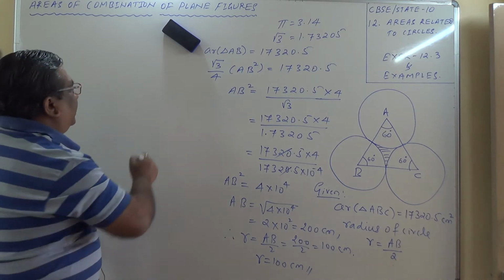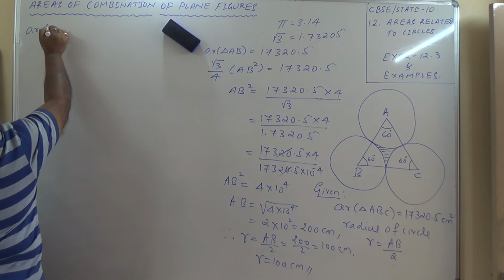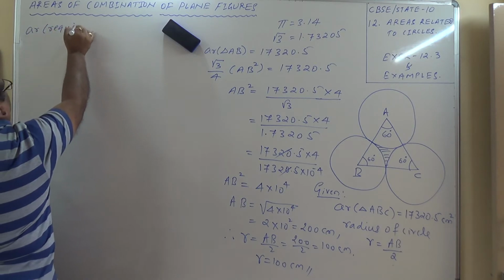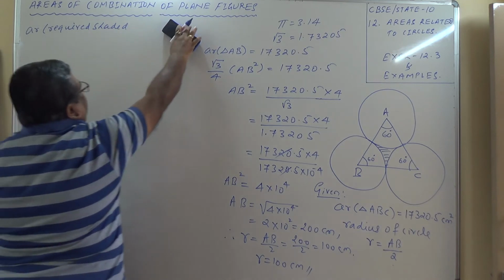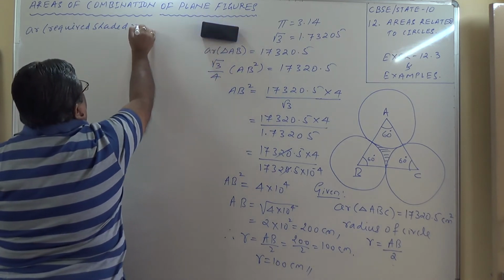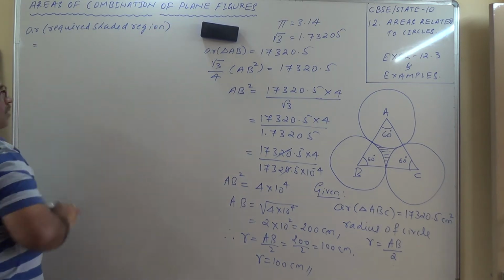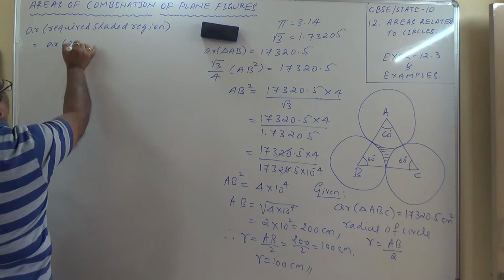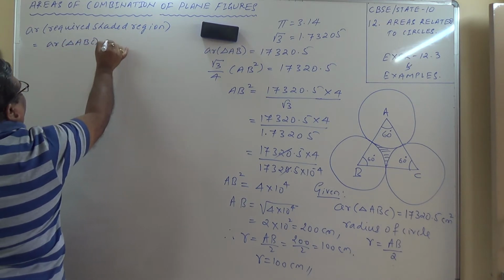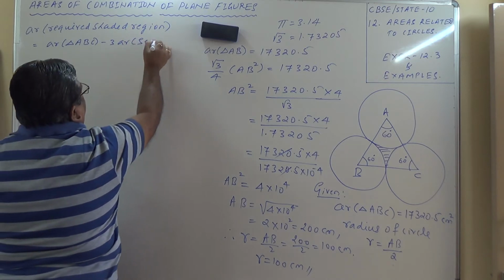Now area of the shaded region is equal to area of required shaded region is equal to area of the triangle ABC minus 3 times area of sector.